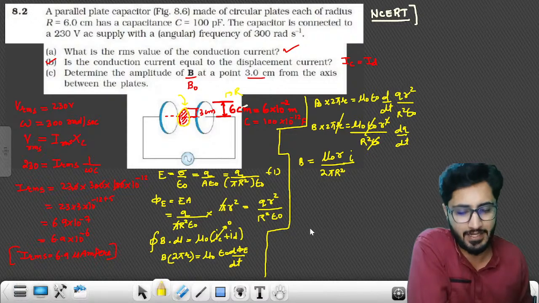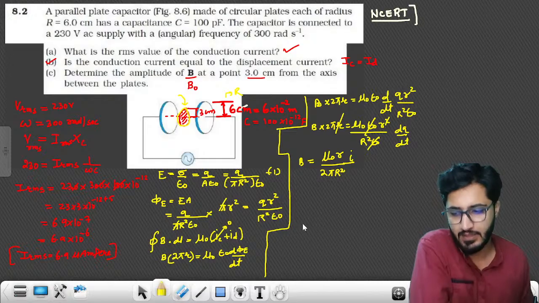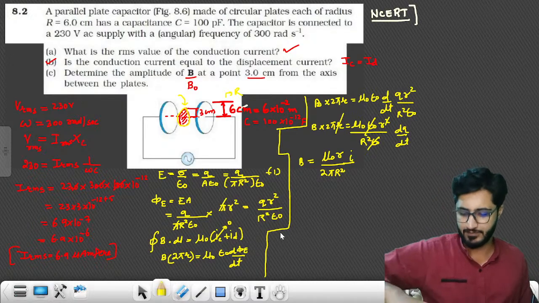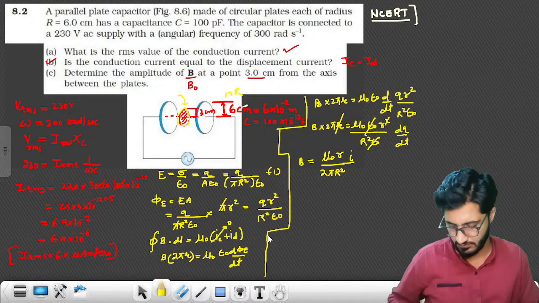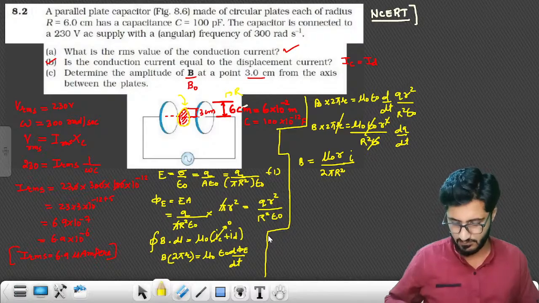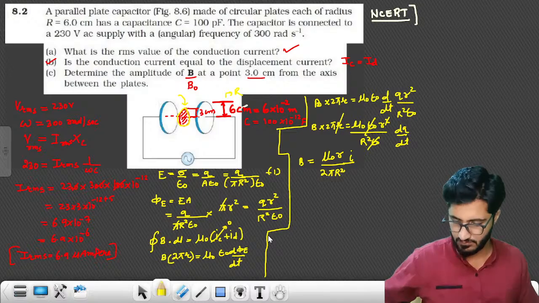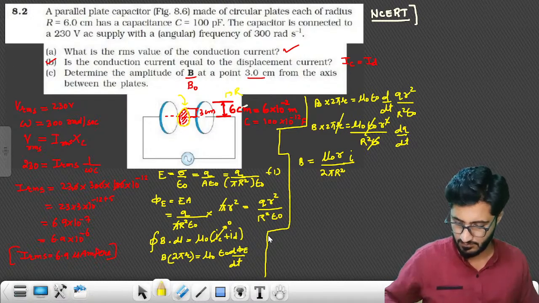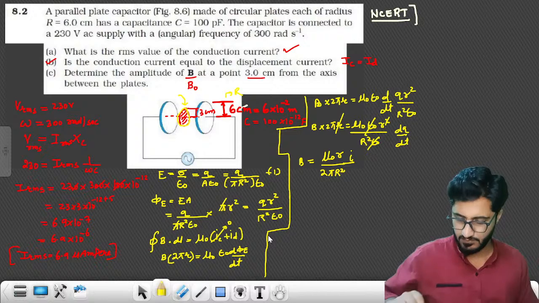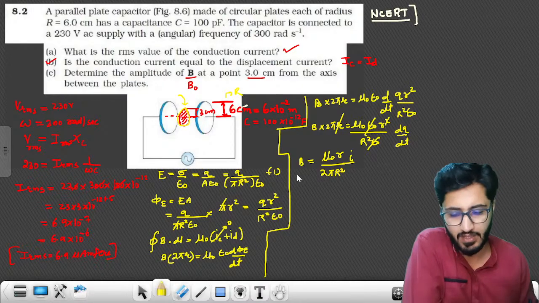Because dq by dt is I. So B equals mu naught I r divided by 2 pi r square.